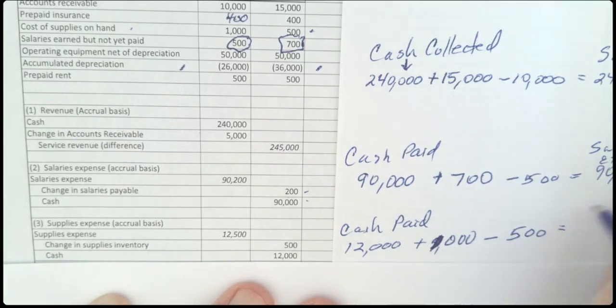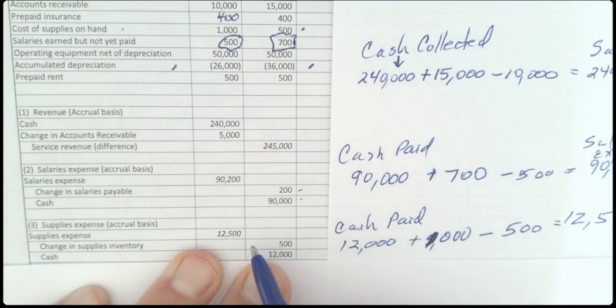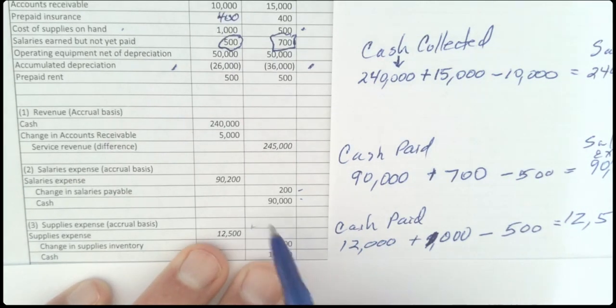So supplies expense is 12,500, and that's the debit when we use the simplified method.